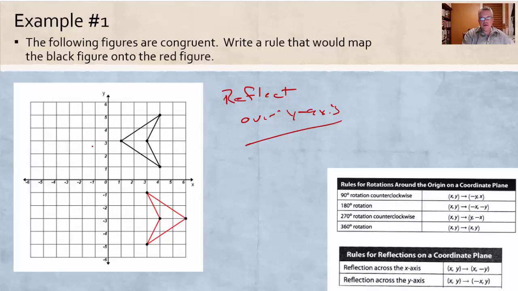So this point right here, I didn't label them, so it's going to go there. And this point's 4 to the left. It's going to go 4 to the right. So it's going to go there. That point was there. And this point's going to go 4 to the right. Or left, rather. So I'm having one of those days here. And then this point is 3 to the left.